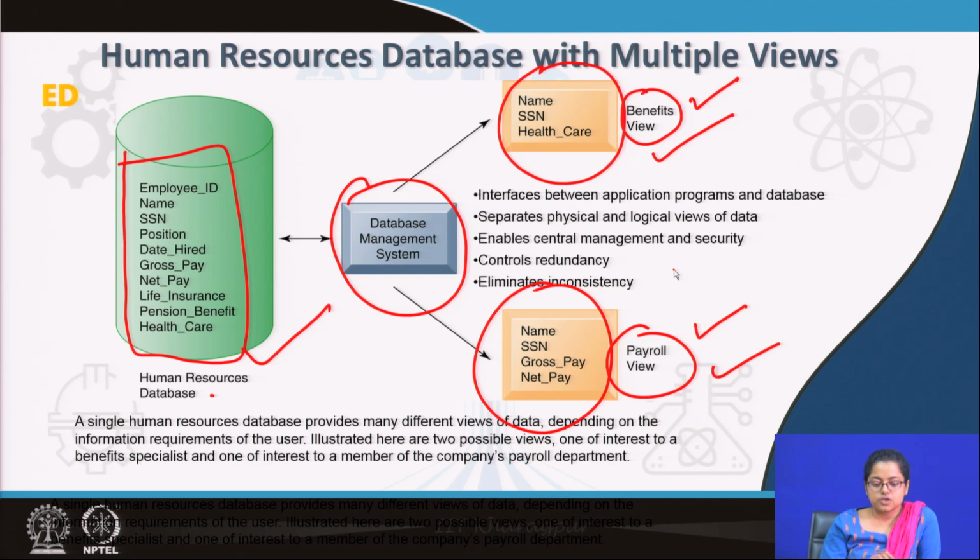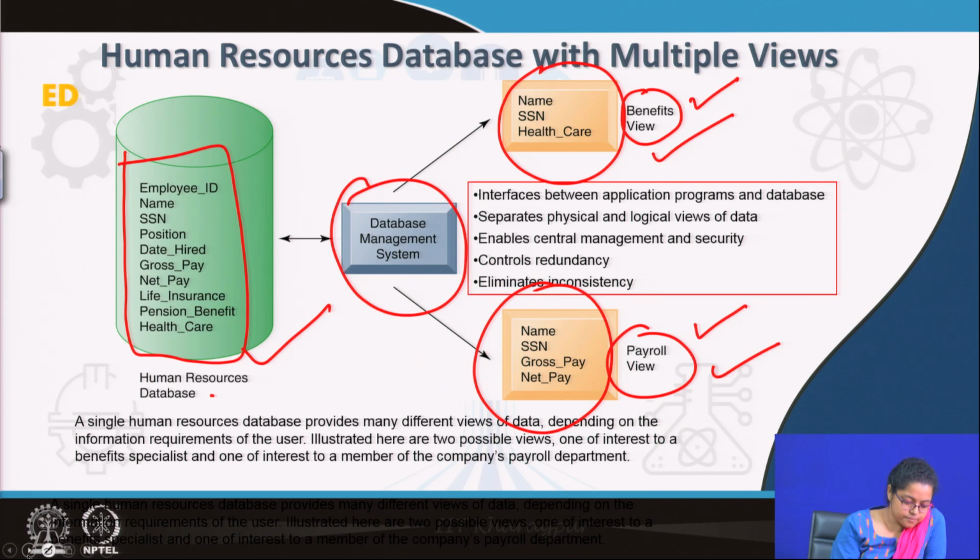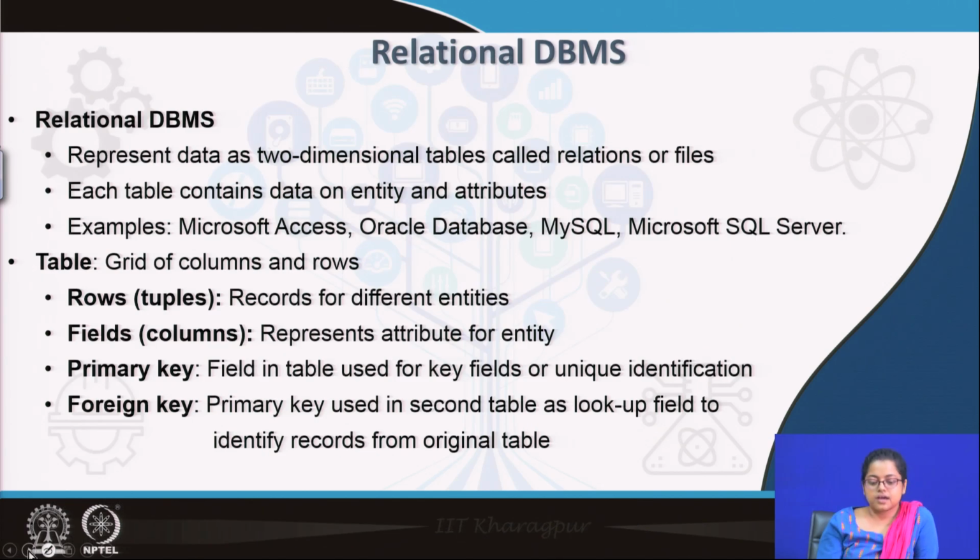So this is how a database management system helps eliminate many of the problems present within traditional file systems. So moving ahead, database management systems underwent another period of evolution, and then we saw relational database management systems. Relational database management systems represent data as two-dimensional tables called relations or files, and these files or relations have some sort of relationship between them, as the name suggests.